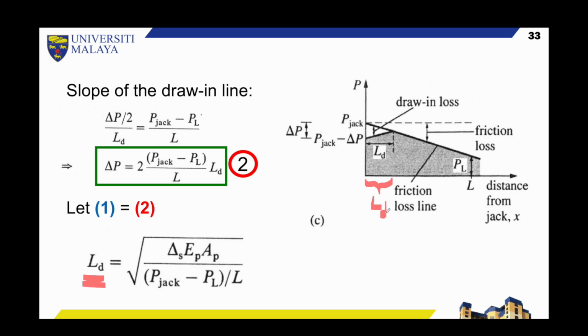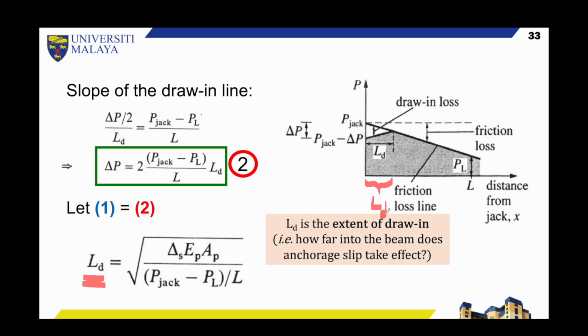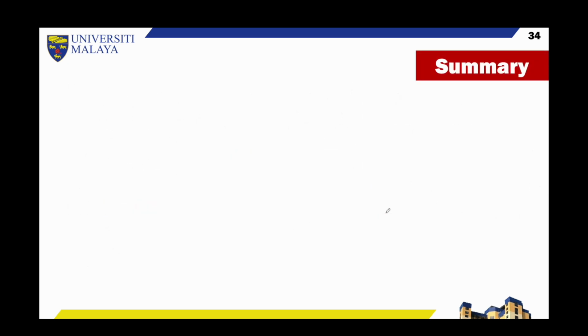So after this point, after LD, there are no more draw-in losses due to friction. LD is the extent of draw-in. And we can use this equation number 2 to find the actual value of the losses, or equation 1 as well, if you want. Both are fine, but that's how we get our anchorage slip.